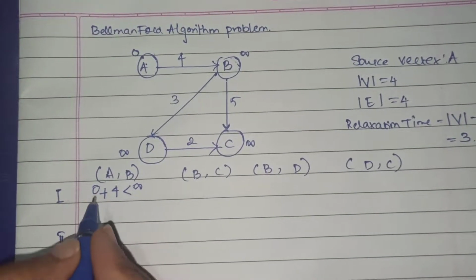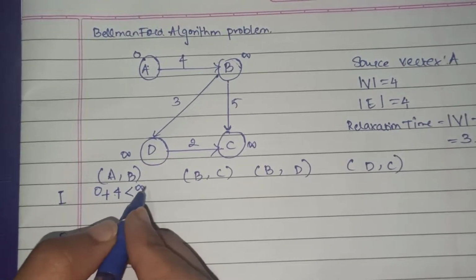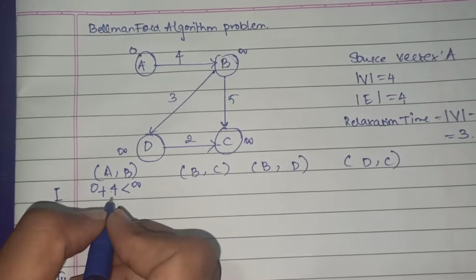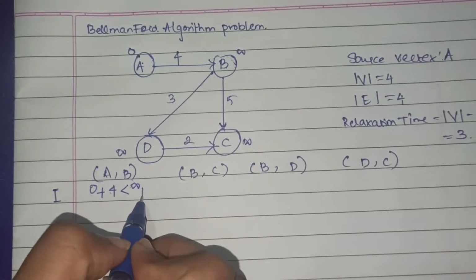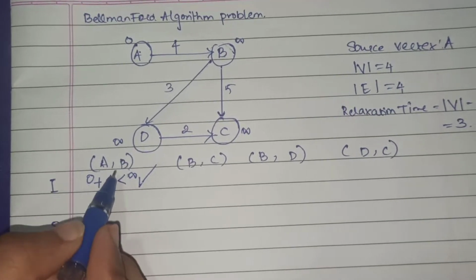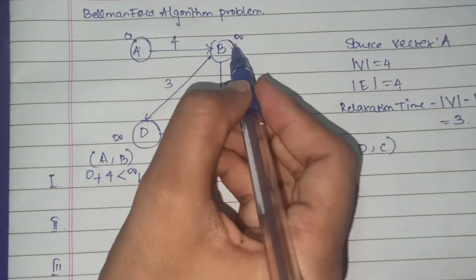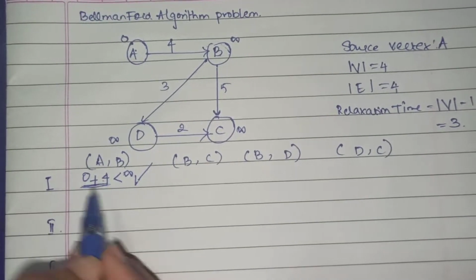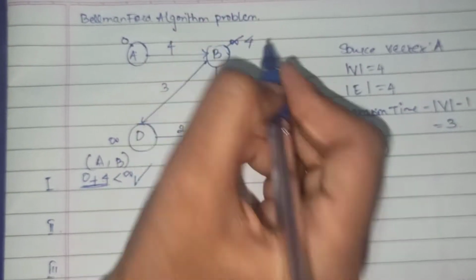So you'll check this condition, that is 0 plus 4 is 4, so 4 is less than infinity. Yes, infinity is greater. That's why you update the infinity value that you have assigned to B as the value calculated here, that is 4.